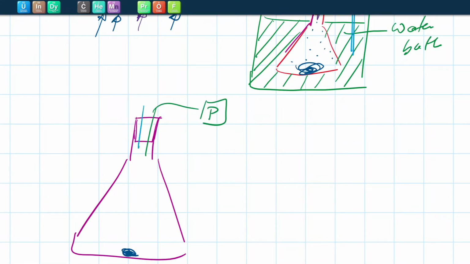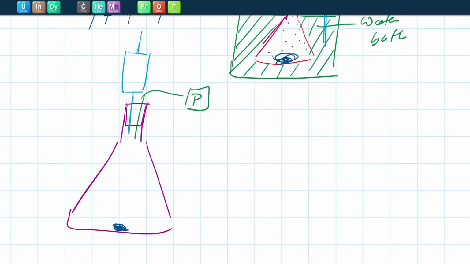We'll also have a little syringe that we can inject air or anything else into the flask as needed. And we'll have our pressure readout on our screen, where we'll see how pressure changes with time. Initially, if you do nothing, the pressure should be relatively stable.